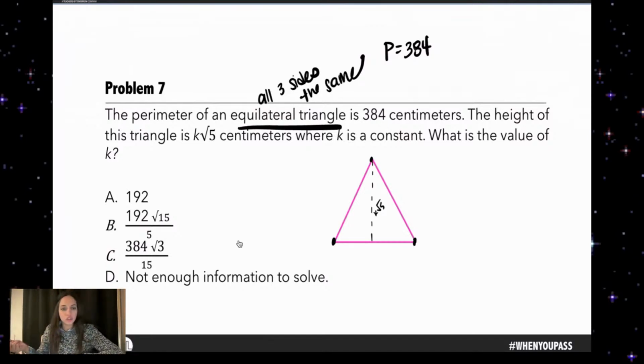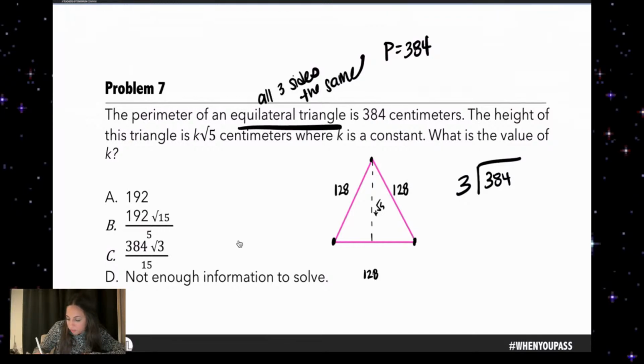If the perimeter is 384, then I can do 384 divided by 3 to figure out each side. 384 divided by 3 is 128, so this side is 128, this side is 128, this side is 128. And I can do 128 divided by 2 to figure out what each of these halves is.